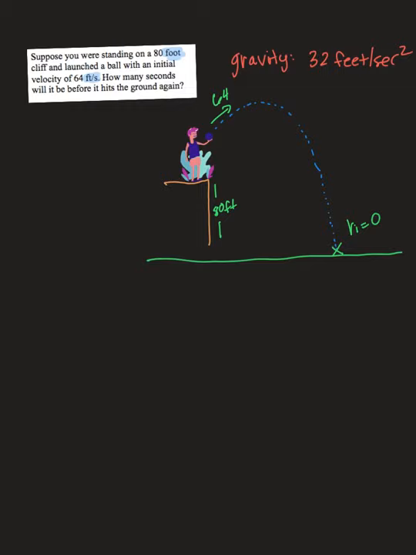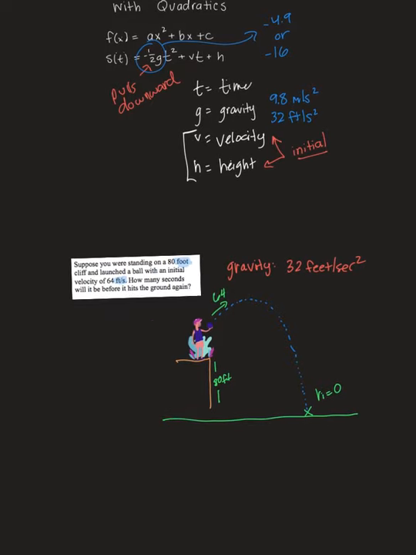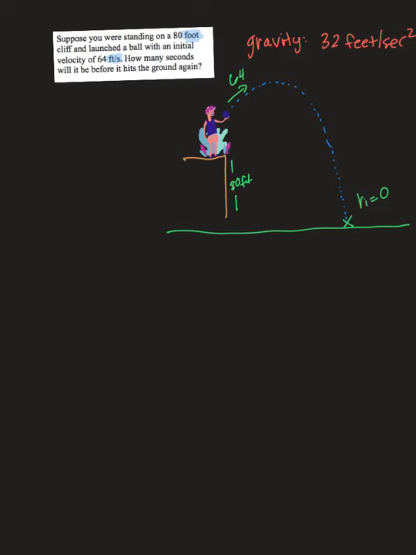Okay, so as you guys can see above, we have our variables t, g, v, and h. Let's start going through and writing down these variables. t, g, v, and h. Okay, we don't know how long the time would be. That's what we're actually solving for. And then our gravity, like we said before, is 32.